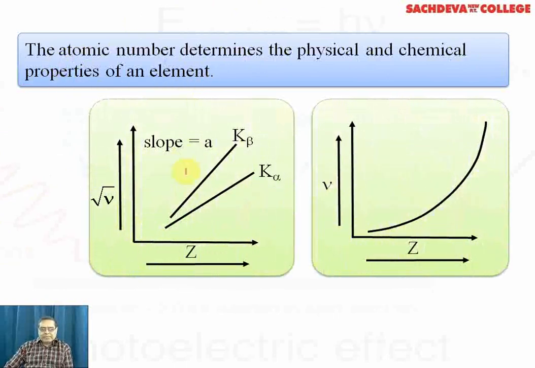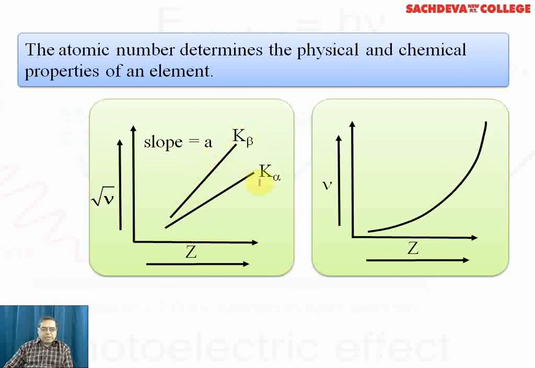Now there are two types of graphs indicated. One is Z versus square root of nu and the other is Z versus nu. So two graphs are indicated. In the left graph, the slope is A, and we are referring to the K beta line and K alpha line, and they are related to atomic number and frequency.